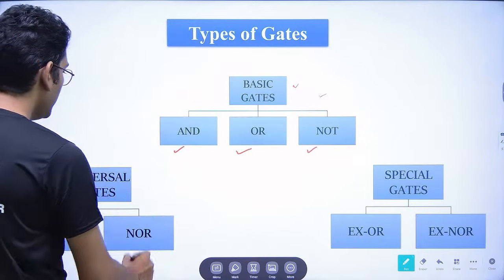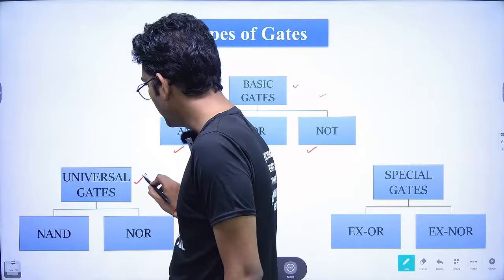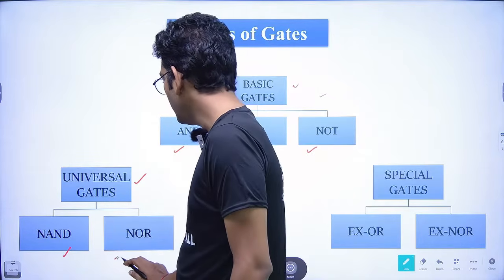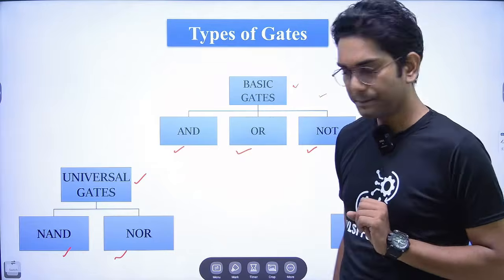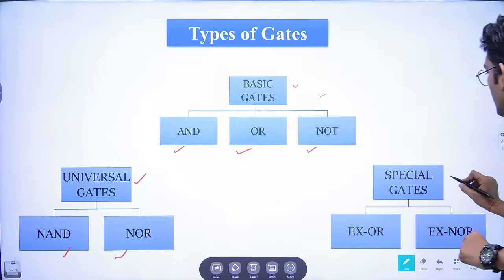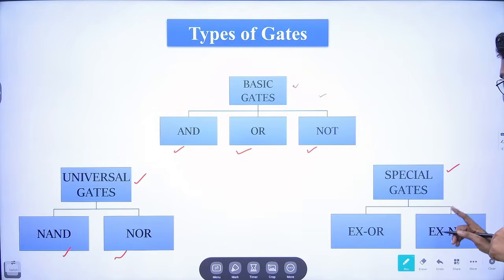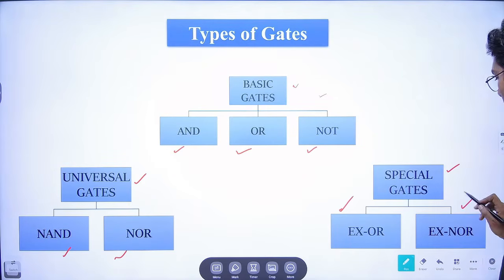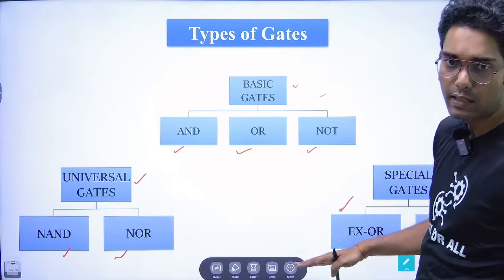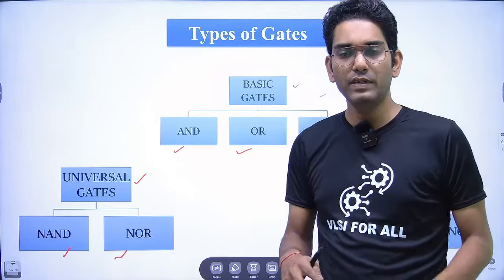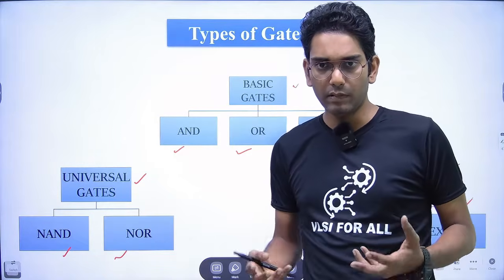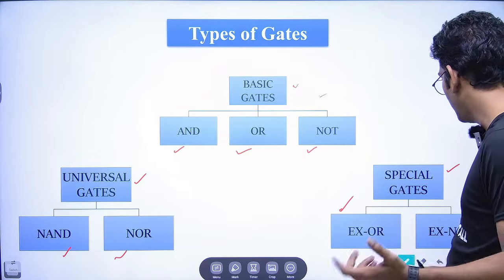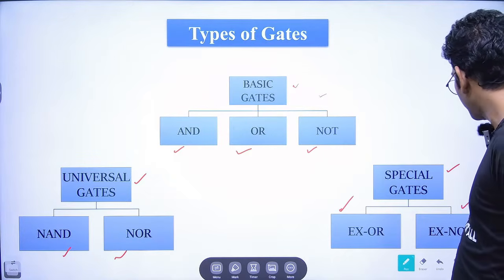In the universal gate category, we have the NAND gate and NOR gate. Next, coming to the special purpose gates: the special purpose gates are the XOR gate and XNOR gate. So these are the basic types of gates into which we can categorize the different types of gates available in digital logic design.